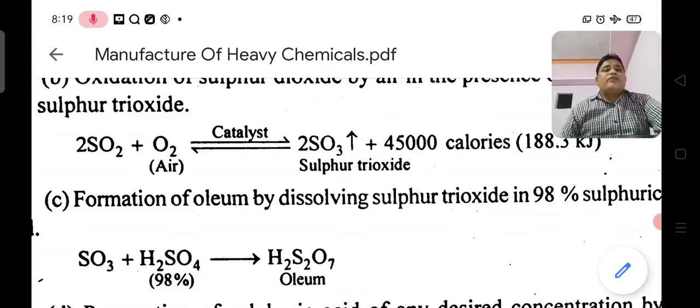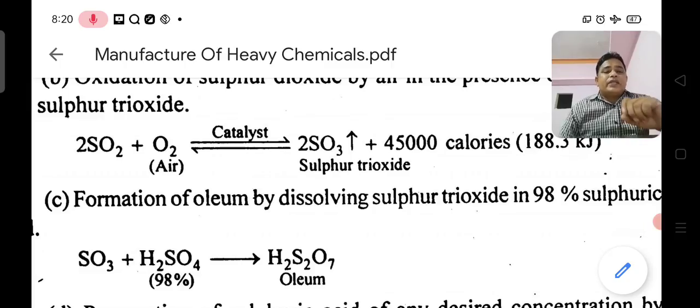As a result, to enhance the rate of reaction, a suitable catalyst is used in this catalytic oxidation of sulfur dioxide to sulfur trioxide. The commonly used catalysts are ferric oxide, finely divided platinum, and vanadium pentoxide.